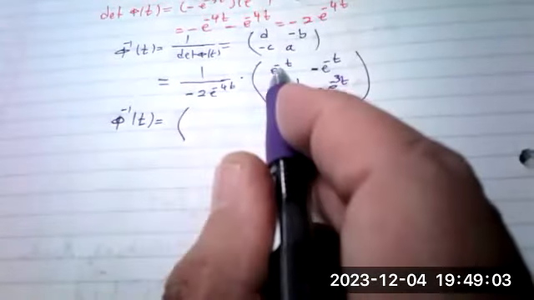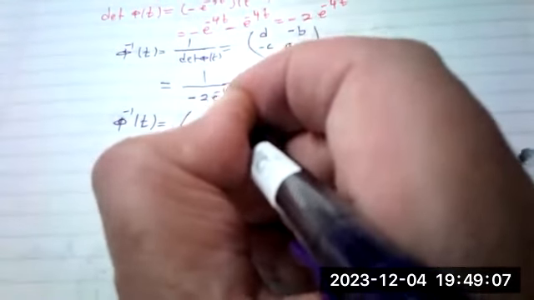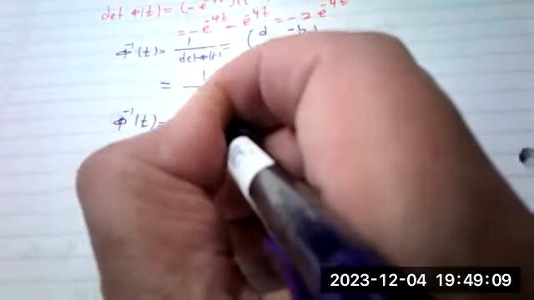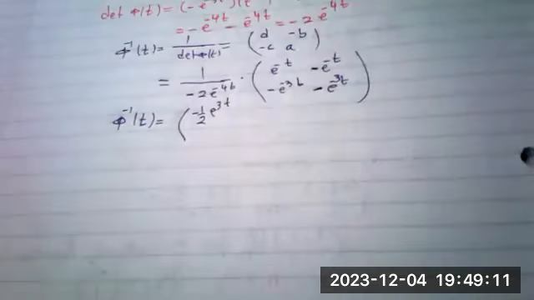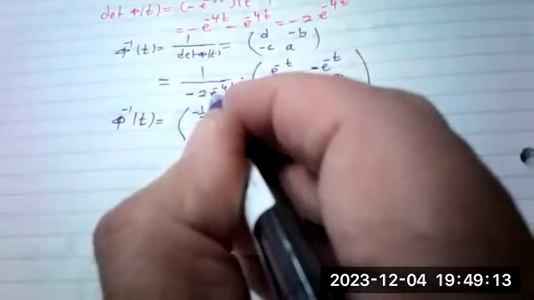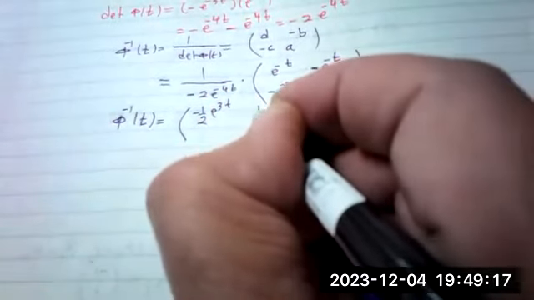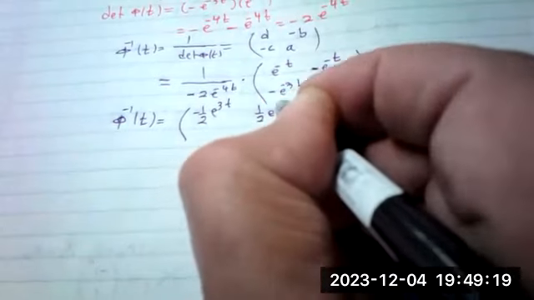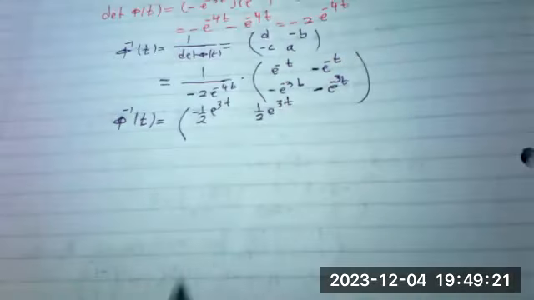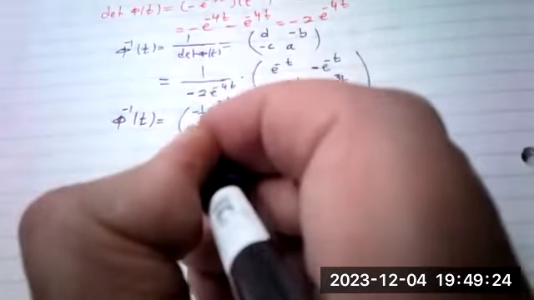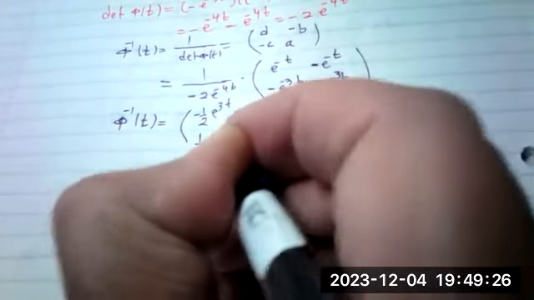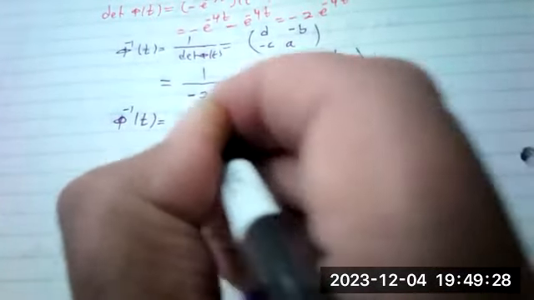So e to the 4t times e to the negative t gives you e to the 3t, but it's going to be negative 1/2. Over here, e to the 4t, that gives you negative with the positive, so that gives you 1/2 e to the 3t. If you multiply this one over here, that gives you positive 1/2 e to the t.